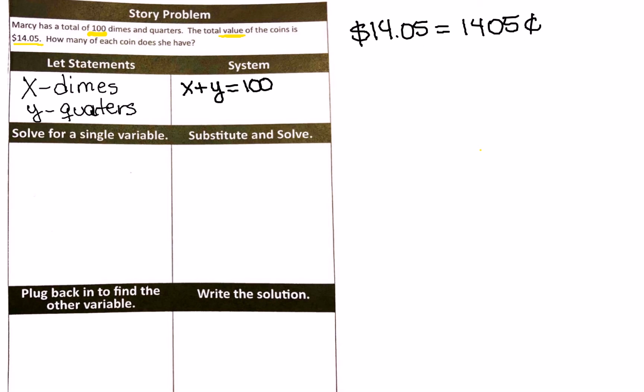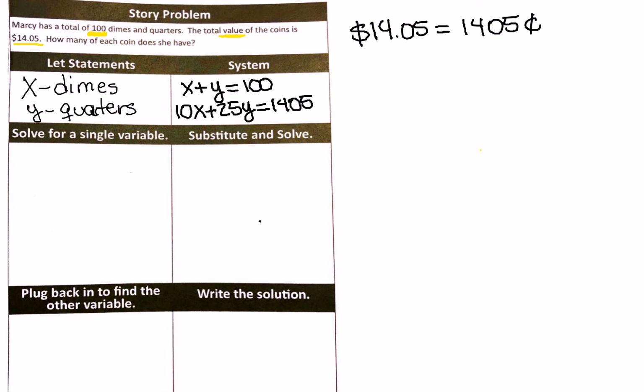So in terms of cents, my second equation is 10 times the amount of dimes plus 25, because a quarter is 25 cents, times the amount of quarters equals 1,405.